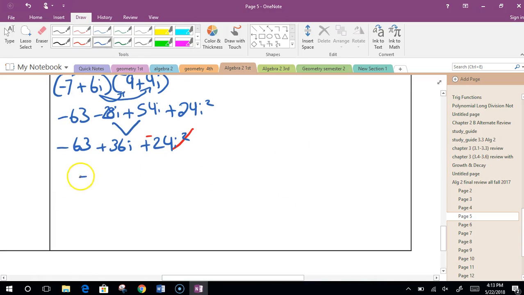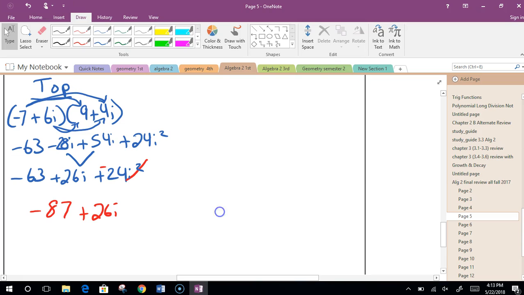So we would have negative 63 plus negative 24, and we'll end up with negative 87. Oops, sorry, I did a little calculation wrong: 54 and 28, that's going to come out to 26. So we would end up with negative 87 plus 26i. That's the top answer. But we still need the bottom part.